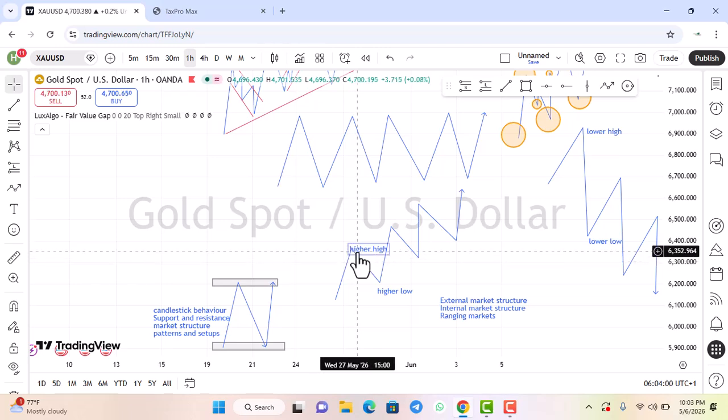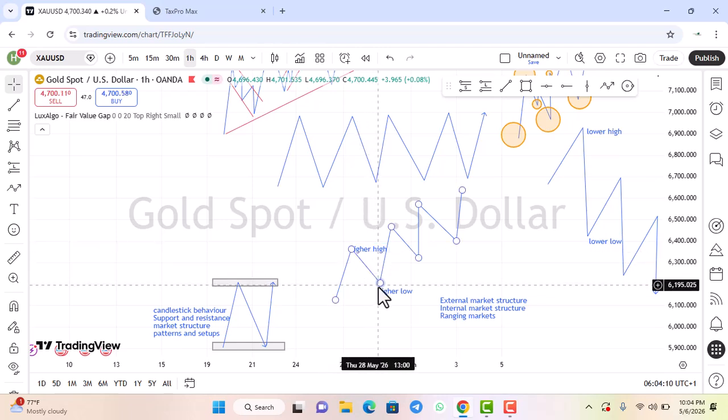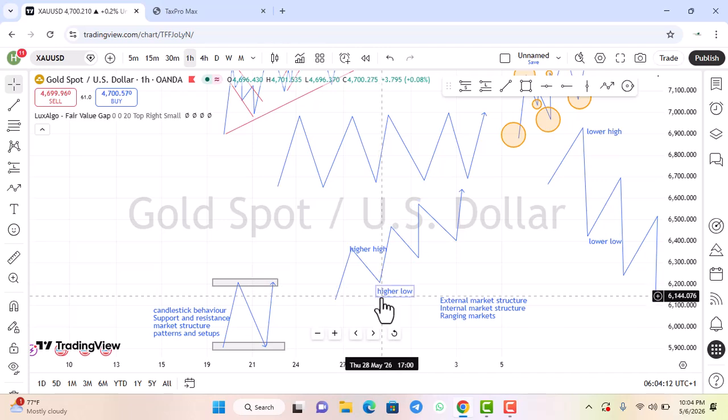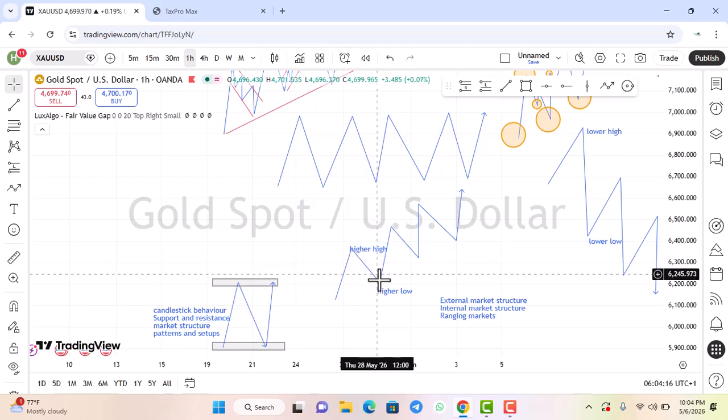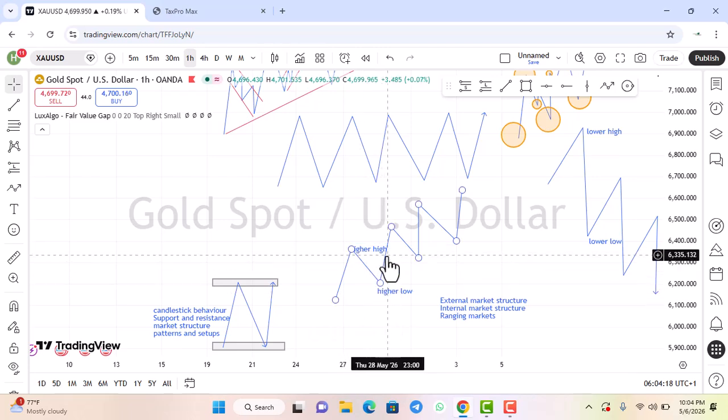Anytime you have a higher high, for price to move from that higher high and create another higher high, it must create a higher low. If the market cannot create a higher low, that means we will not get the next higher high, which is this point here.